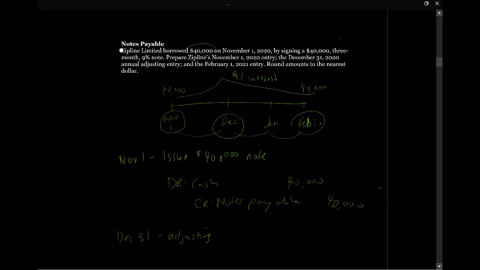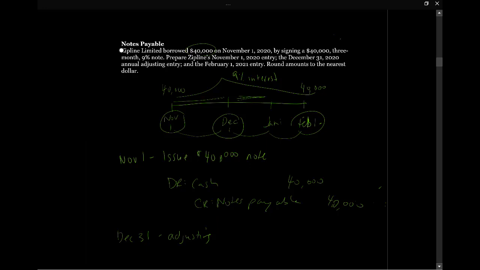Presumably December 31st is Zipline's financial year end, so they need to accrue the interest that is related to 2020. We've got November and December that we need to recognize interest for, and we're not going to debit or credit cash because this isn't a cash payment. It's simply accruing the interest payable.